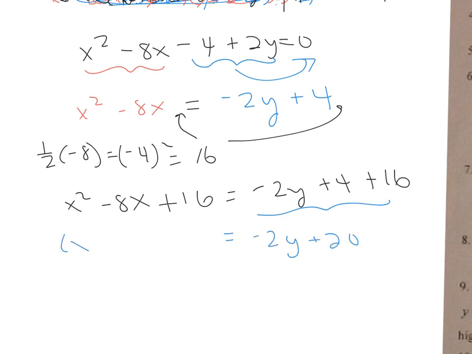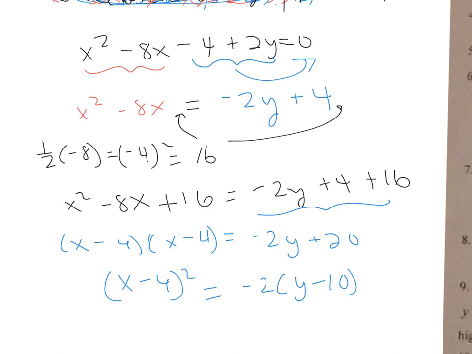And I'm going to factor this x minus 4 times x minus 4, which is x minus 4 squared. And then over here on the right side, I have to make my y have a leading coefficient of 1. It's negative 2. So I have to factor out the negative 2 times y minus 10.